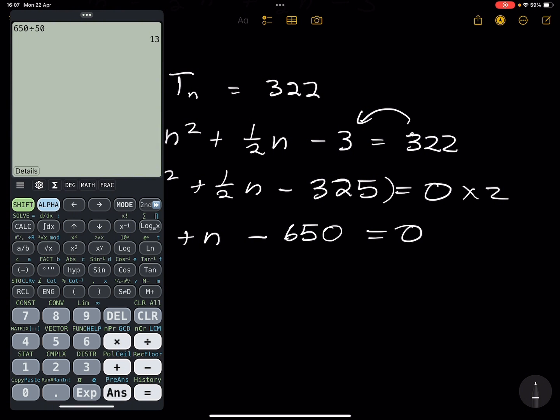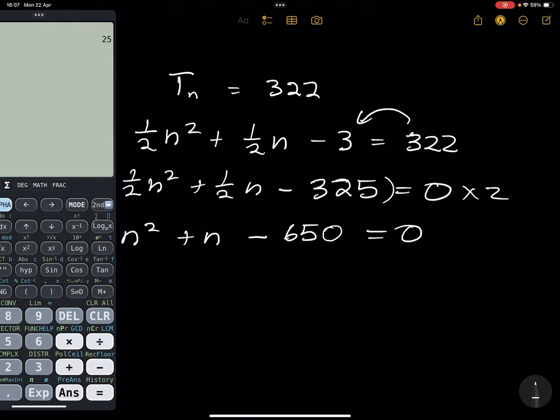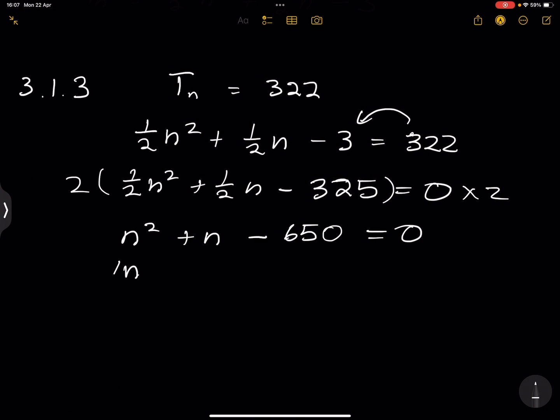If I say 13 times 2, that's 26, right? So if I say 650 divided by 26, you see, I get 25. So 25 and 26. So definitely that may equal to 1.